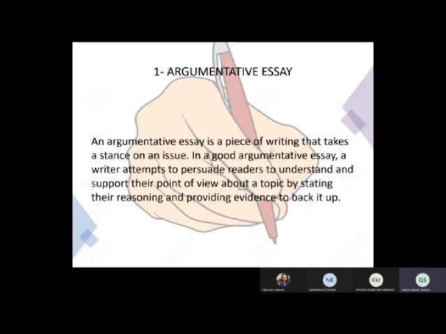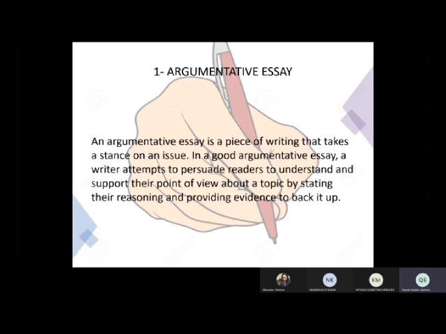So your argumentative essay is a piece of writing that takes a stance on an issue. In a good argumentative essay, a writer attempts to persuade, right? I want you to note this because this is the most important thing about an argumentative essay. So an argumentative essay persuades the readers.